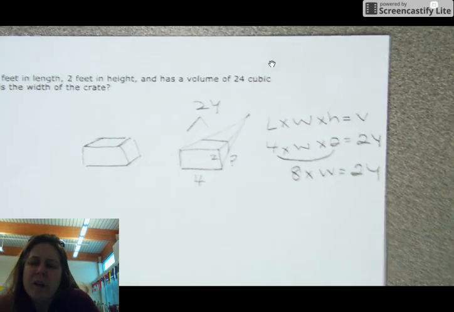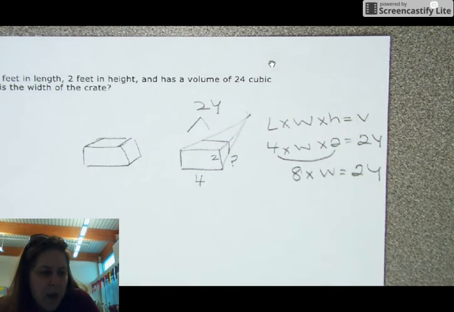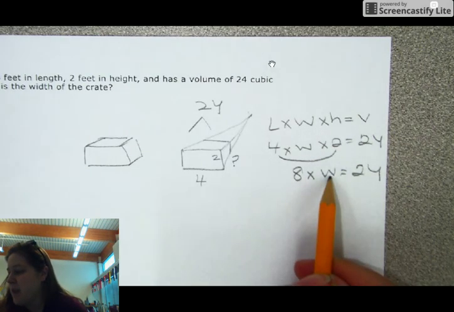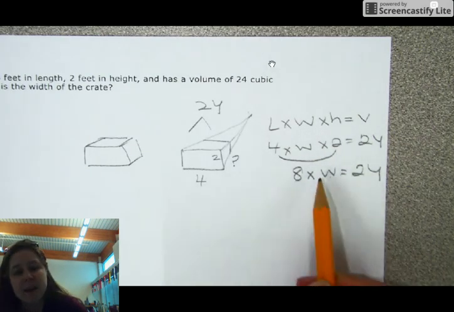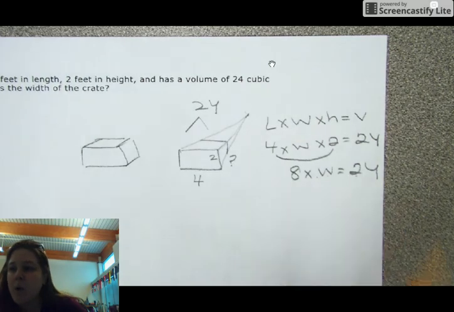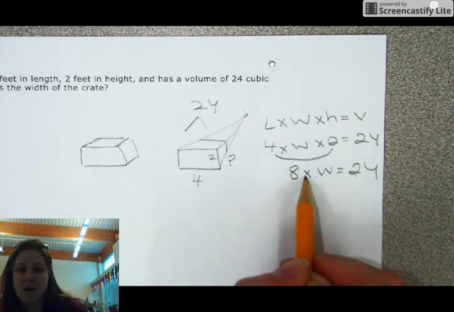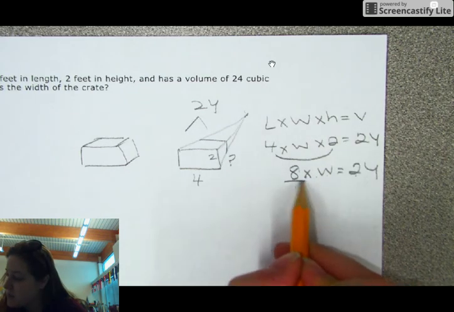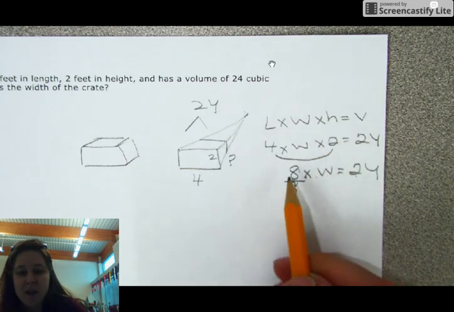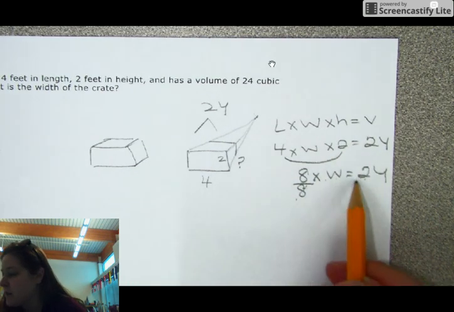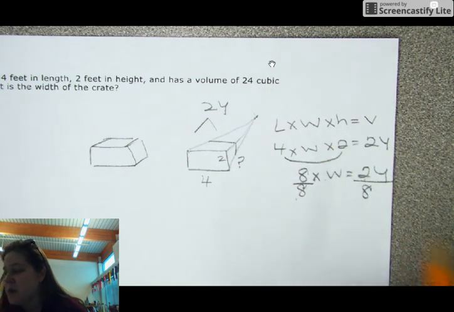And this is kind of preparing you for middle school, because now we're going to have to get W by itself. And I want to know what this times this gets me this. Well, I could guess, or I could solve it. The inverse of multiplication is division, so I'm going to divide by 8. If I do it to this side, I now need to do it to this side.